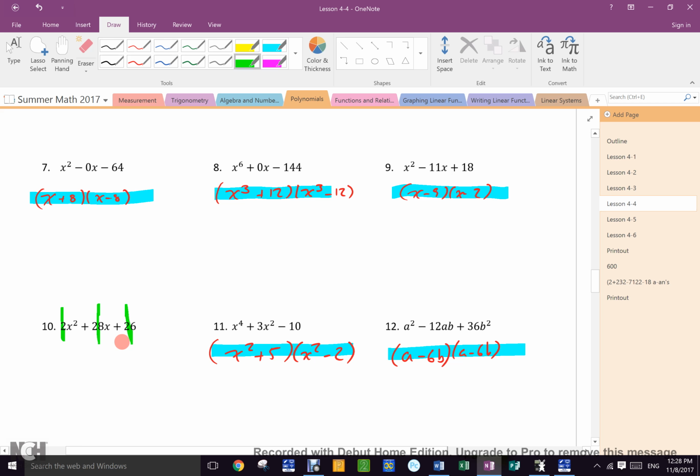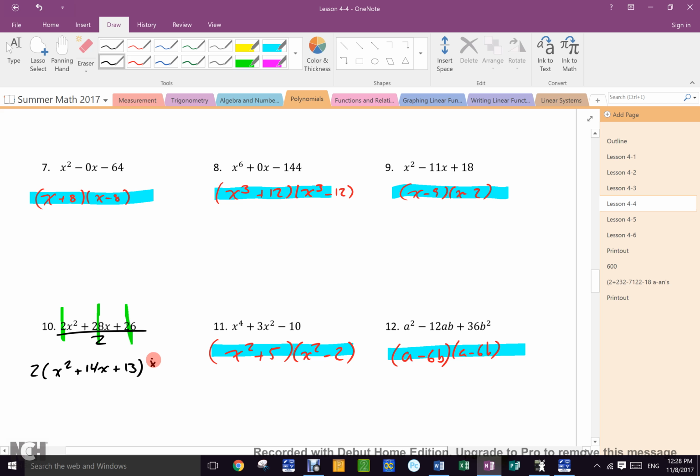2 is the GCF. So I would divide everything by 2, and I would get 2x squared plus 14x plus 13. Now, Riley, you'll want to pay attention right here because this is what you were just asking me to go over. What we're doing right here is the factoring that we just learned. It's in the right order. It's got a squared, an x, and a constant.